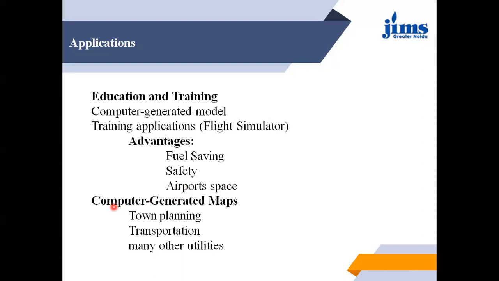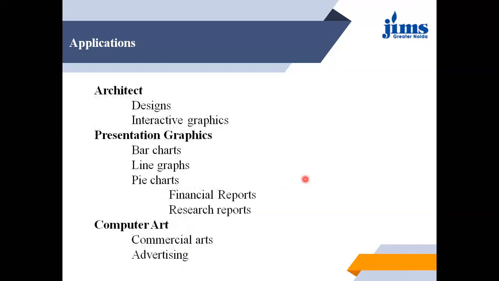Second, computer generated maps. When a town has to be designed, a lot of planning has to be done in advance, for example for transportation and many utilities. So to perform these in advance, one can use the computer to generate maps in town planning.